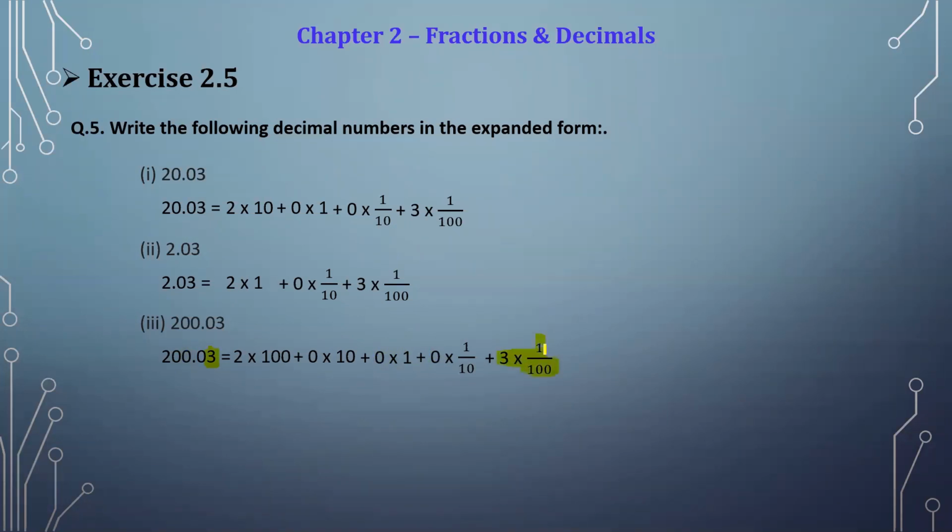So in this way we can expand the given decimal number and write it in the expanded form, as we have considered in questions 1, 2 and 3, which are the sub questions of question number 5 from exercise 2.5.